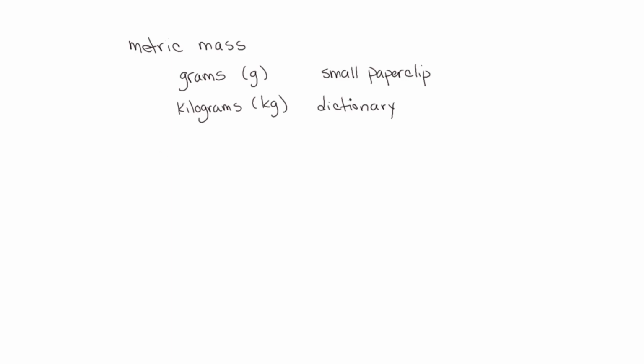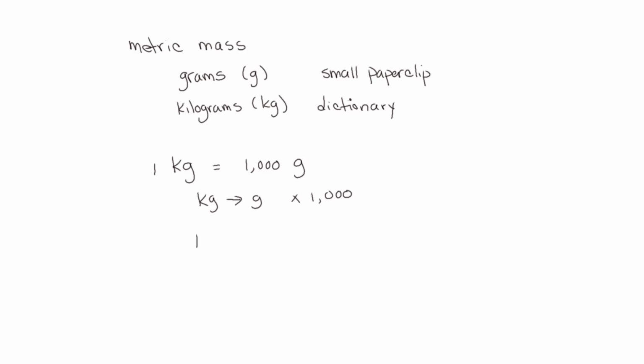And as with measuring in lengths, we can convert from one unit to another by multiplication. So 1 kilogram is equal to 1,000 grams. So if we want to go from kilograms to grams, we would multiply by 1,000.